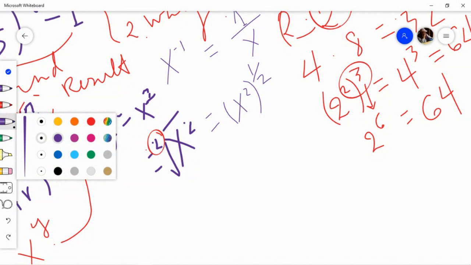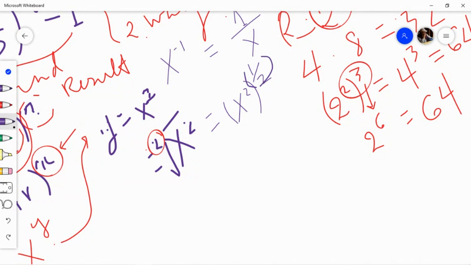Square root of x squared is like x squared raised to half power, right? That's basically how you express square root. Then that's the same thing as x raised to the second power times 1 over 2.